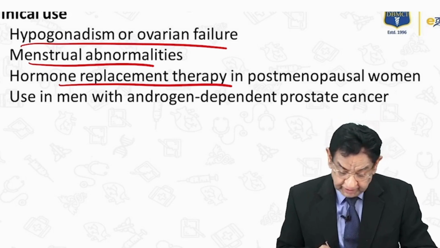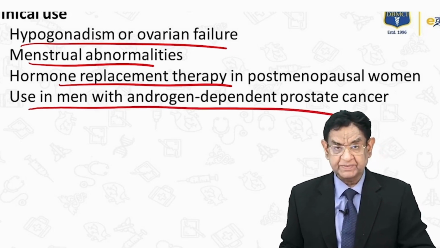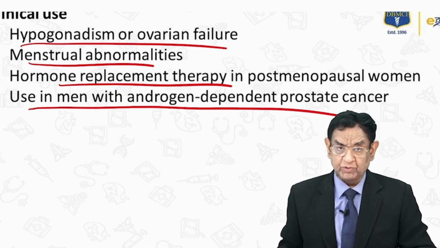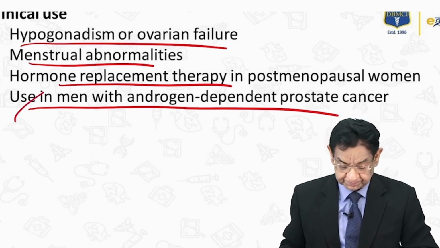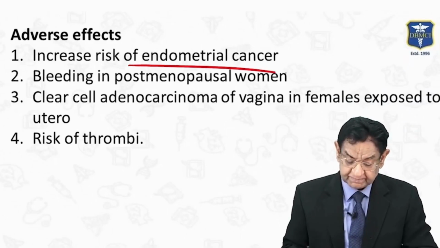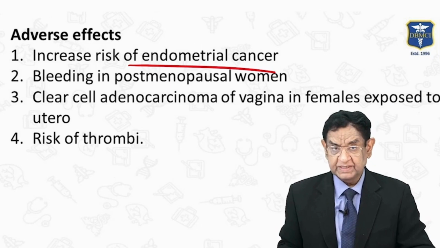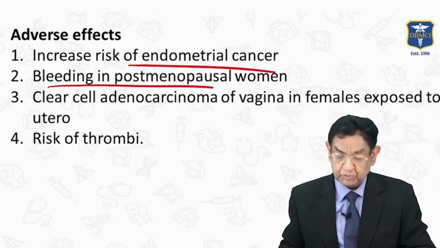In men also we use estrogens, in androgen-dependent prostate cancer. So we have a role in both male and female. Adverse effects: endometrial cancer chances are much higher, which is a real matter of concern. Bleeding in post-menopausal women.